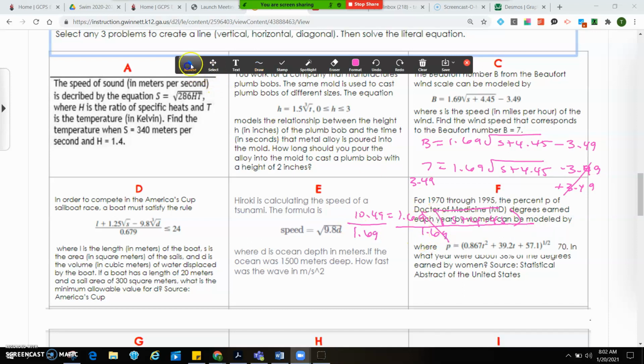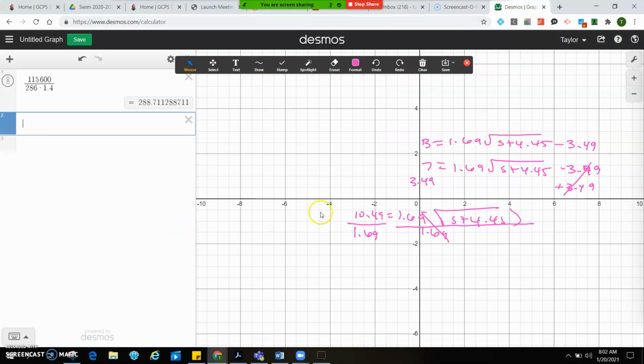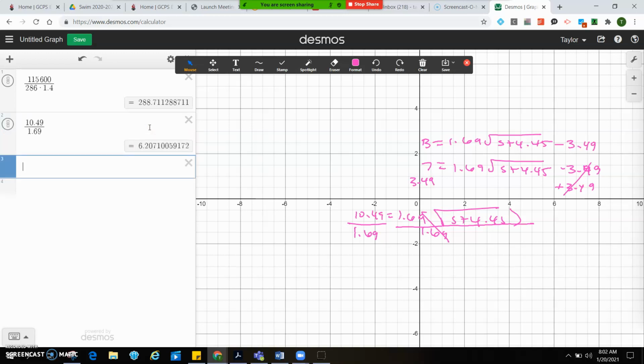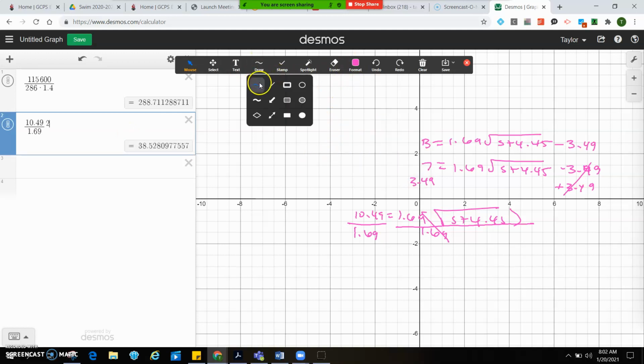And so I'm going to go into my calculator and say 10.49 divided by 1.69, and I'm going to square that. The reason I'm going to square it is because the next step would be to get rid of that radical. So down here, I would get 6 point something, and I'm going to square both sides to get S plus 4.45 by itself.